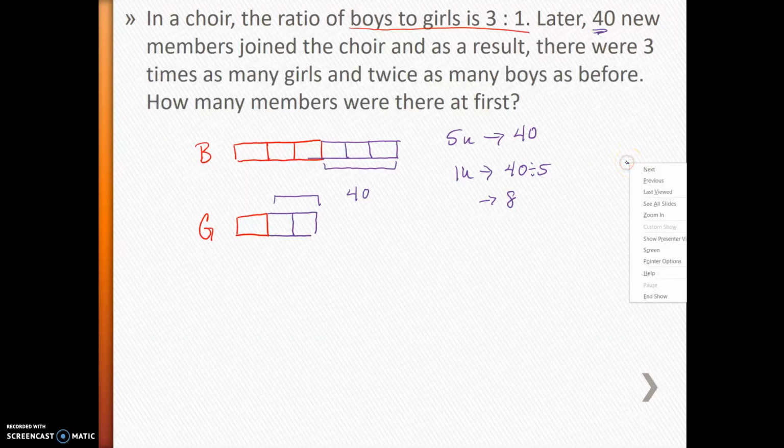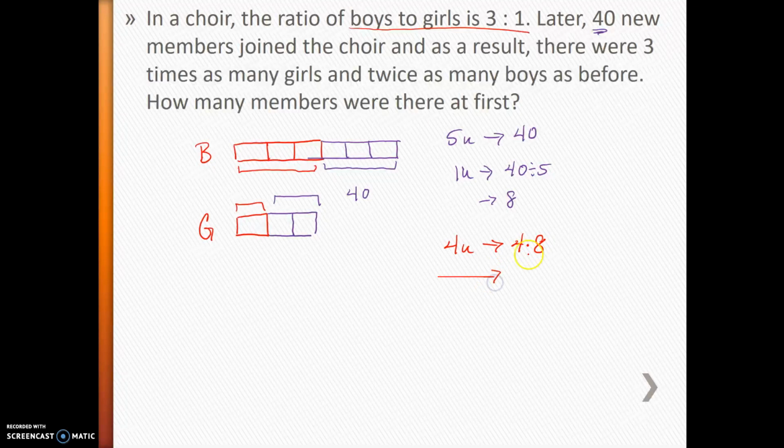So, since 1 unit equals 8 people, I want to go back here and figure out how many people I had at first. So I'm going to solve for 4 units. So 4 units is going to be 4 times 8, which obviously is going to equal 32 people at first.